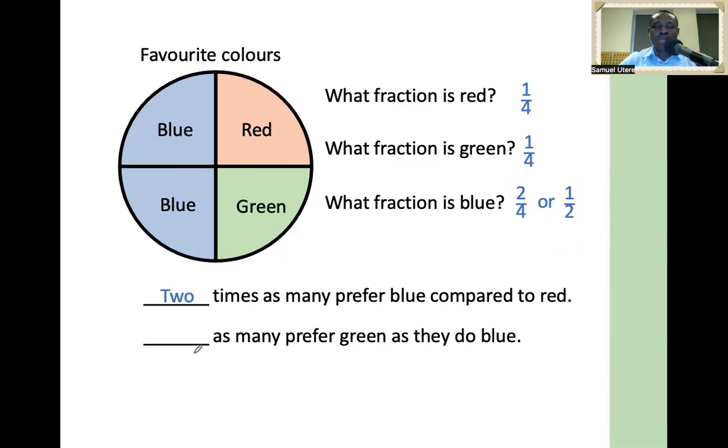Then next, dash as many prefer green as they do blue. Half. Half as many prefer green as they do blue. So it's about understanding the proportion and how to use the right words to express statements about the proportion of the pie chart.